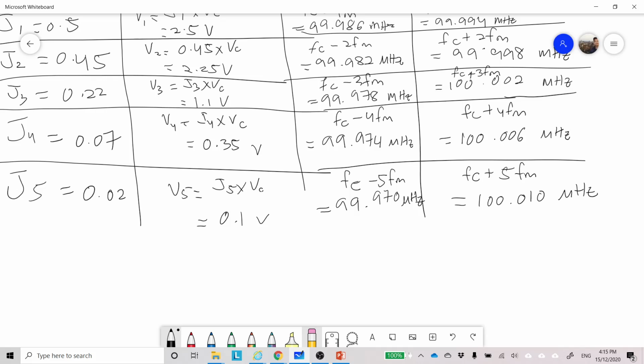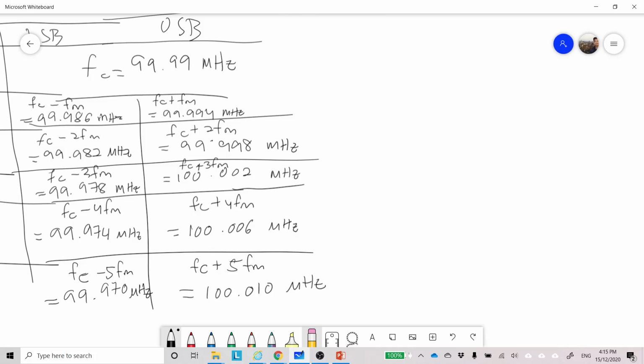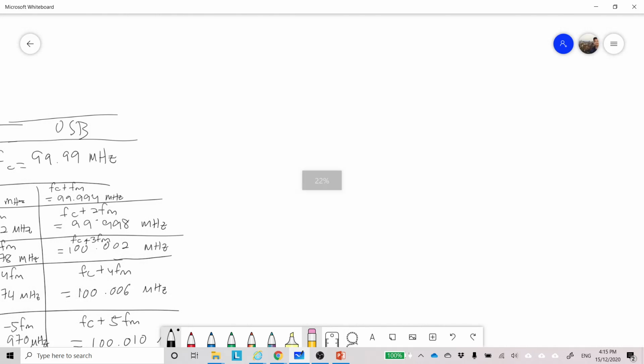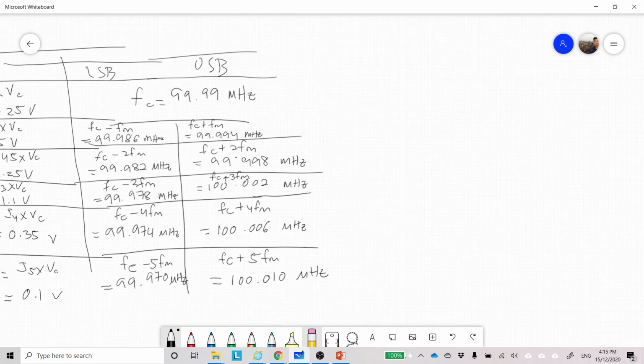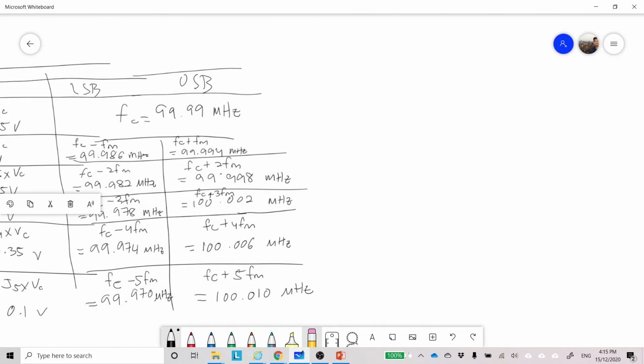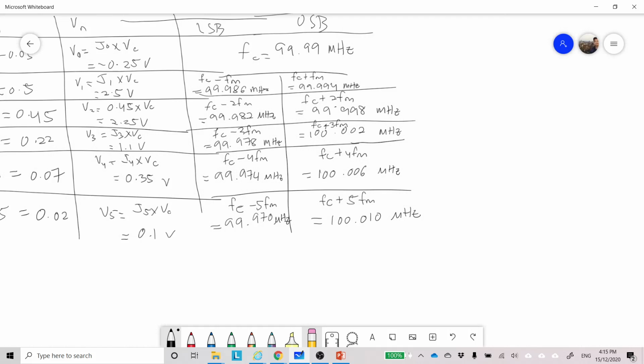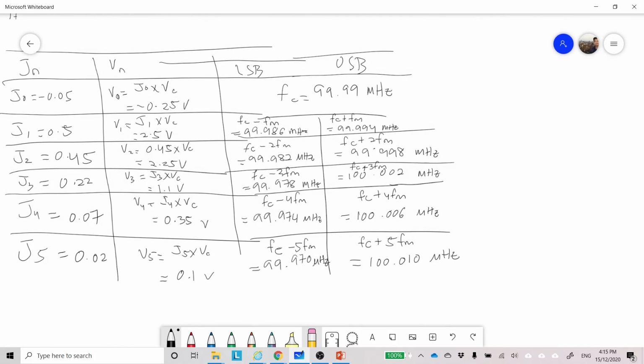So barulah you lukis dia punya spektrum. Kalau you lukis, ni saya kecilkan sikit. Okay, so saya kecilkan. So perhatikan di sini adalah amplitude spectrum, so you kena lukis gambar rajahnya. Ada 5.